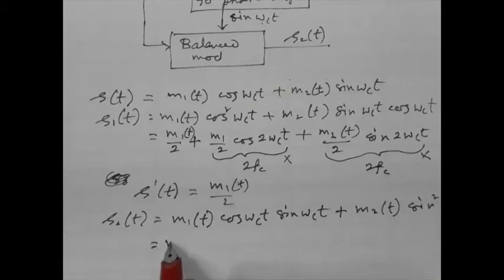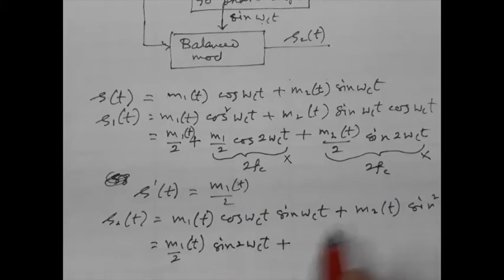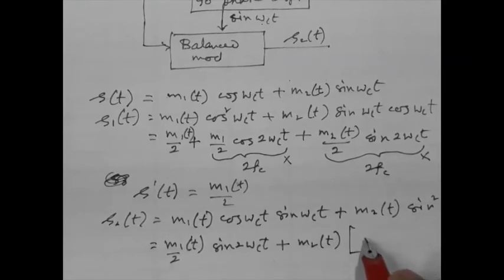That is equal to m1(t) by 2 sin omega ct cos omega ct, that means sine of twice omega ct, and this one m2(t), sine square omega ct means 1 minus cos square omega ct.